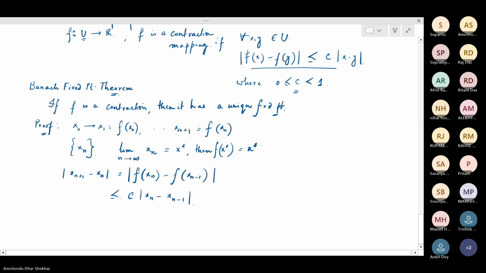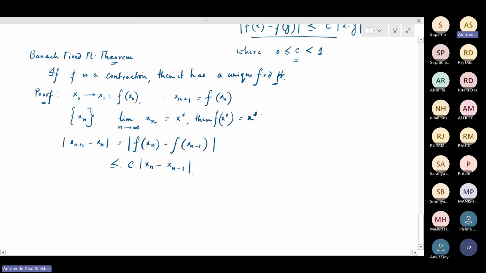And therefore, you can repeat this process.